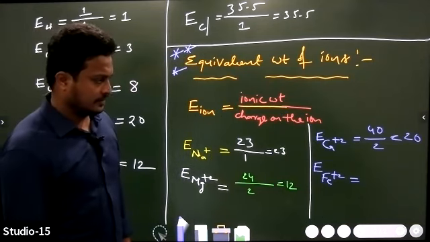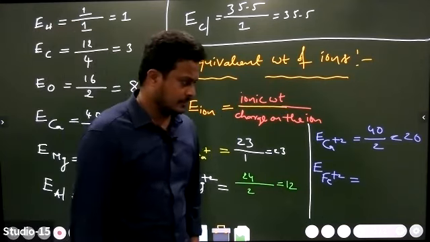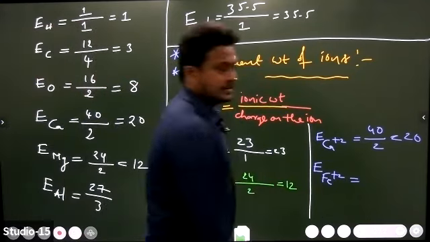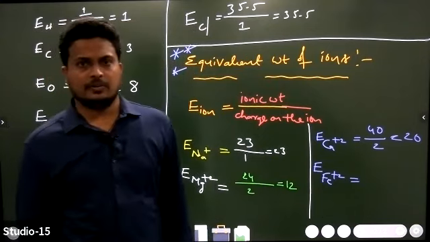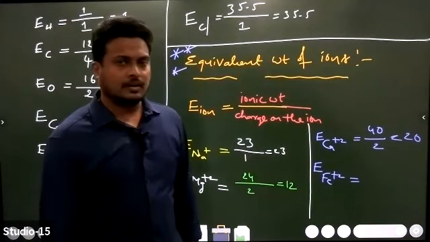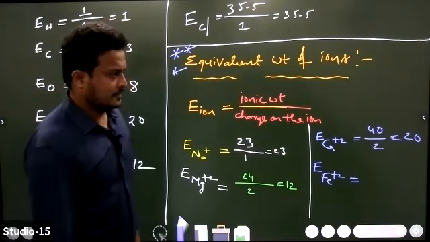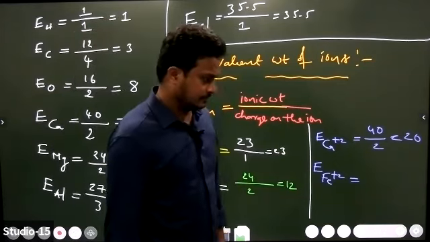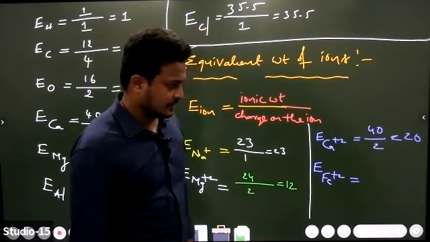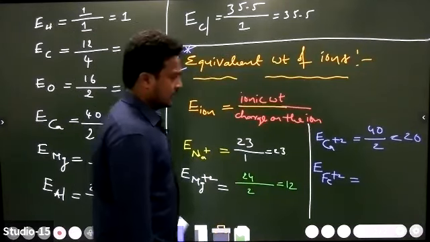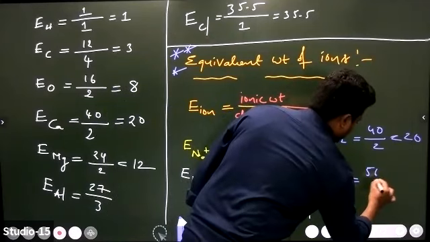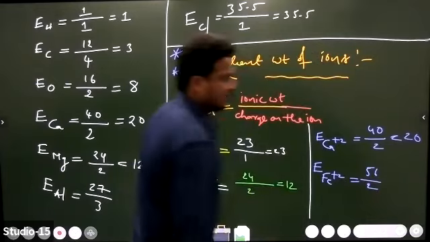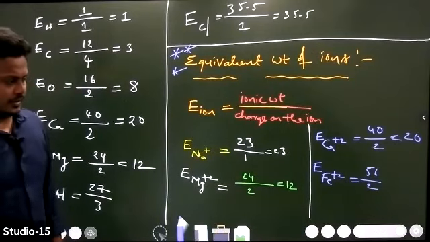Calculate equivalent weight of Fe plus 2 ion. Yesterday we discussed atomic weights of elements from 1 to 30. All of them are most important. Equivalent weight of Fe plus 2 ion. Very good, Rakesh. 56 by 2. Ionic weight 56. Charge on the ion, that is 2. 56 by 2, which is equal to 28.